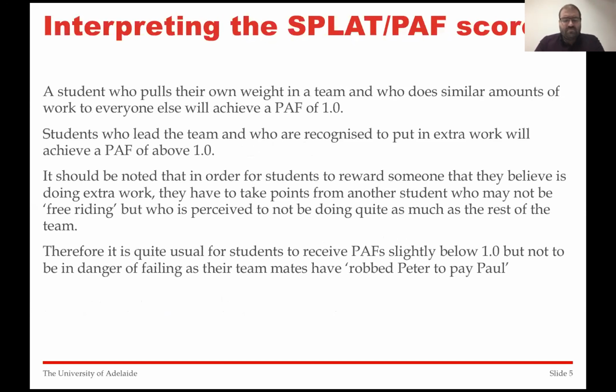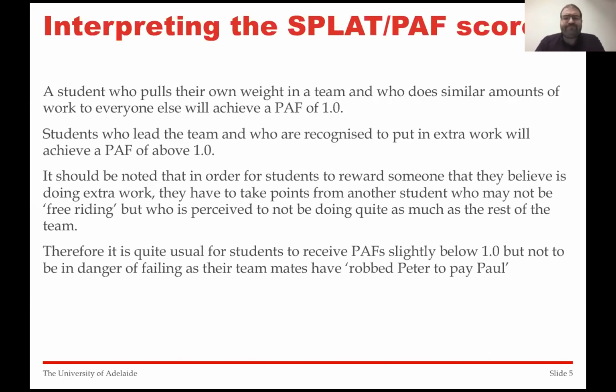They're all contributing. Somebody that might get above 1 might well be doing a little bit more work, so they might be the leader. But because the students have to give a score across the whole team, to give somebody more than everybody else, somebody else in the team will have to get a little bit less.